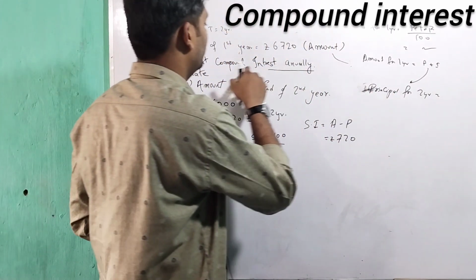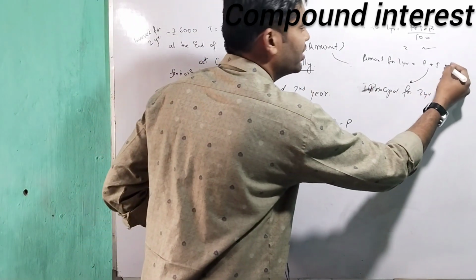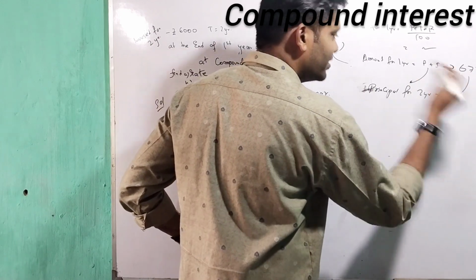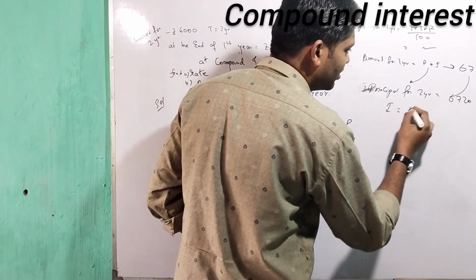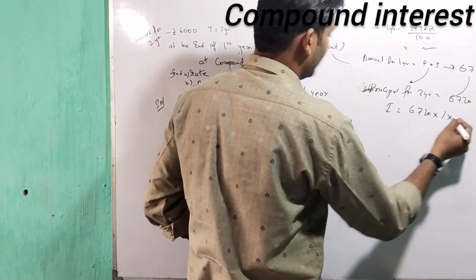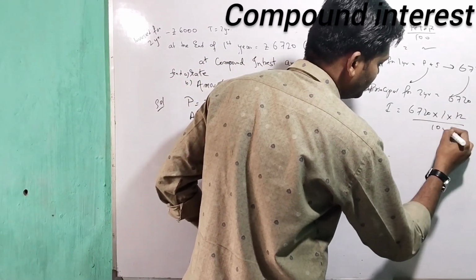What is the amount at the end of first year they gave you? 6,720. Now it will be the principal of second year. Now take out the interest: 6,720 into 1 into rate of interest, which is 12% we got, by 100.